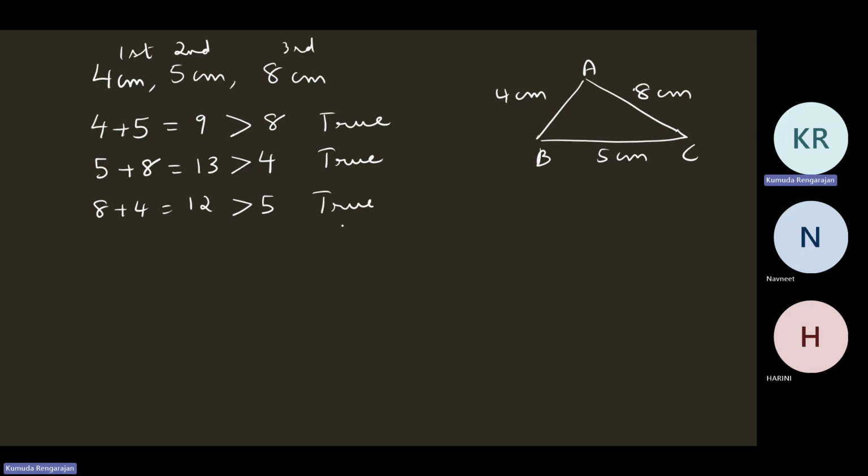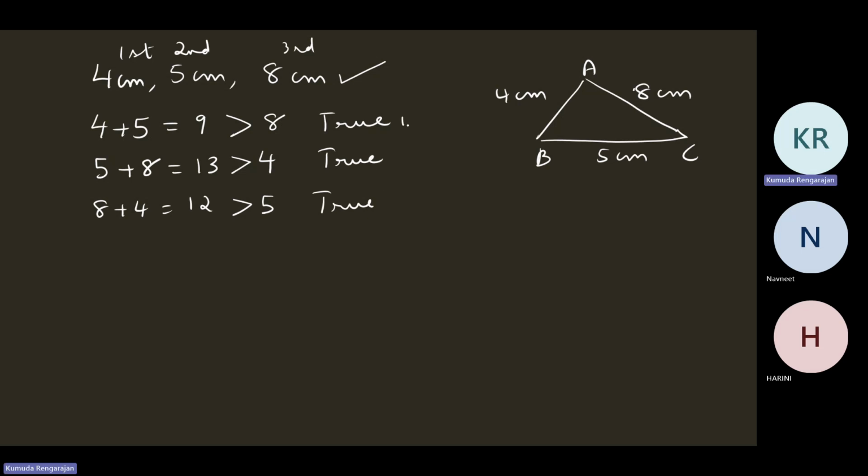If you get a true everywhere, then a triangle can be formed with these three line segments. If even one of these three is false, then a triangle cannot be formed using these three line segments. And you'll have to check all the three.